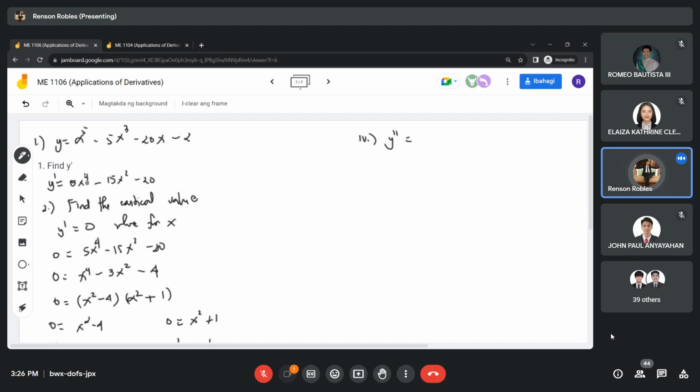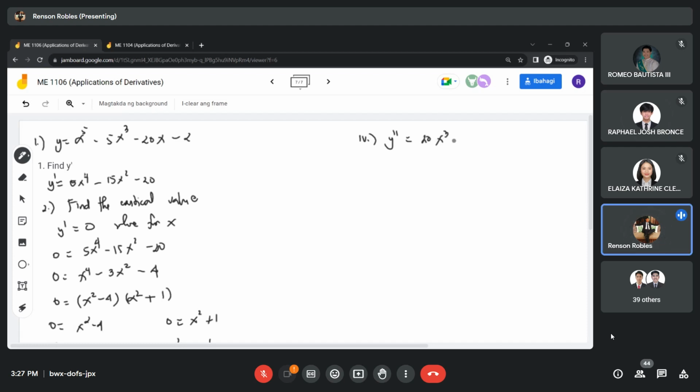This is your y prime. Then differentiate to get y double prime. Answer: 20x cubed minus 30x.